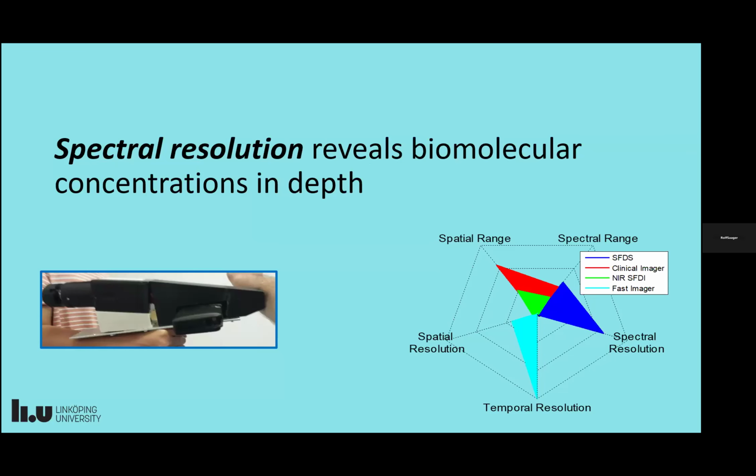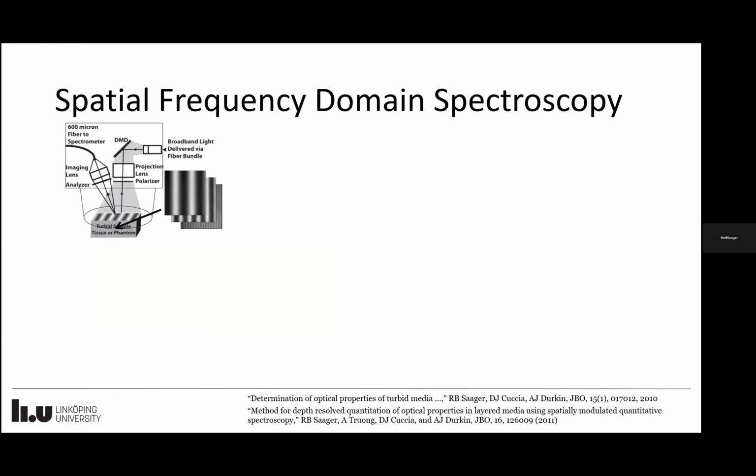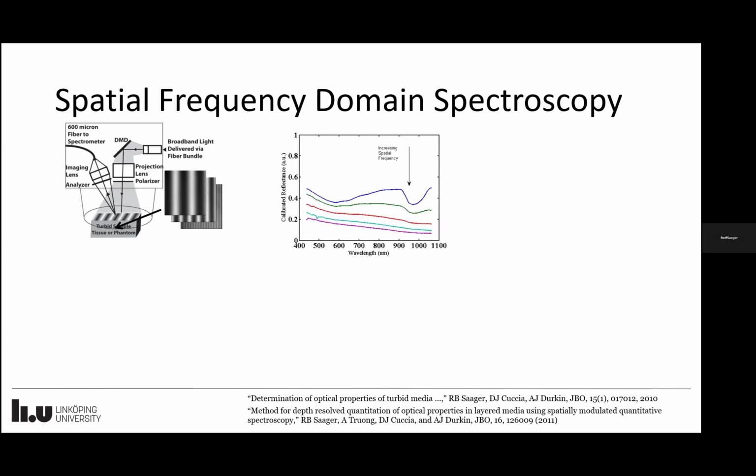You have spectral resolution. And again, there's spatial frequency domain spectroscopy. So rather than using SFDI as an imaging method, this is more or less just saying, I'm going to image at a single pixel and send that to a spectrometer and get high spectral information, no spatial information. And so here you can get spectral details as a function of spatial frequency.